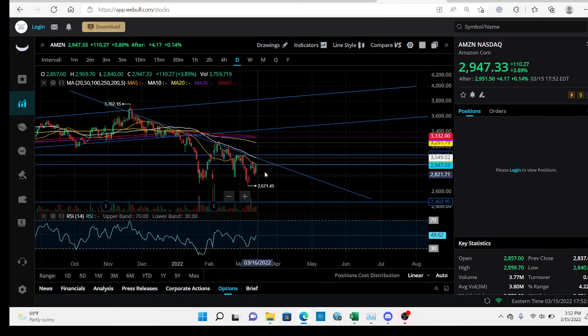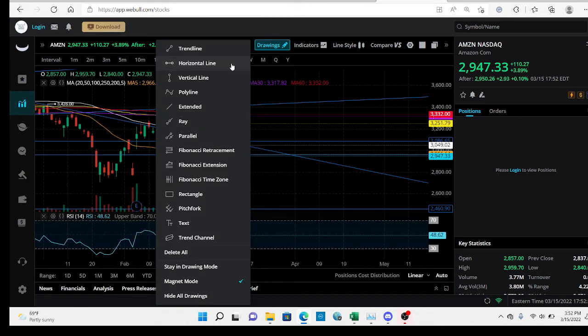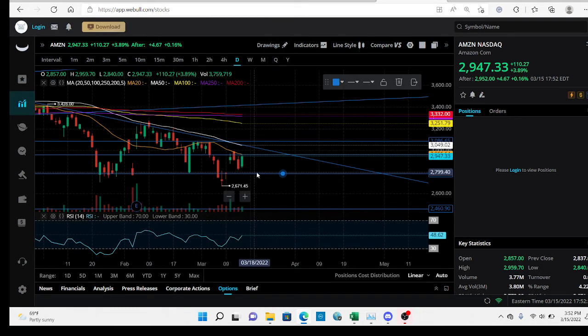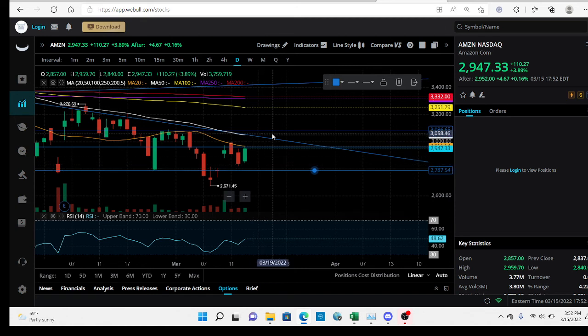And then lastly, I want to point out Amazon. Amazon has this gap, and I'm going to point it out right here. There's a pretty big gap right here at around 2.8 thousand. So for me to feel a little bit better, I would want to see Amazon break down and actually close this gap before we see a move up.